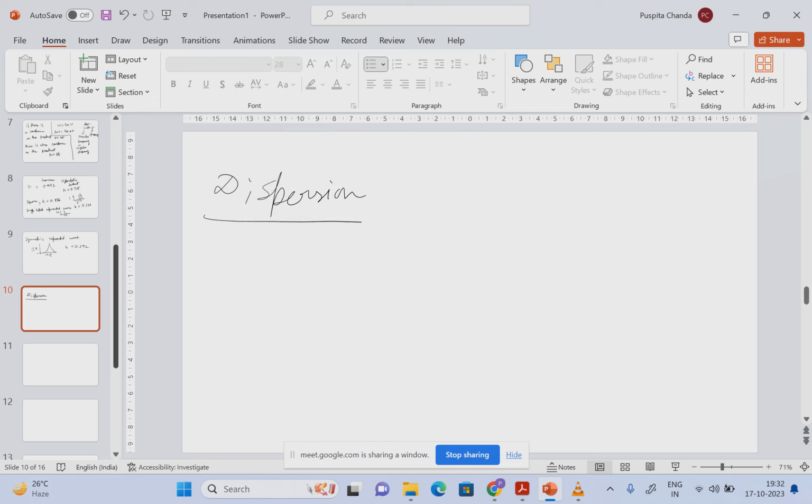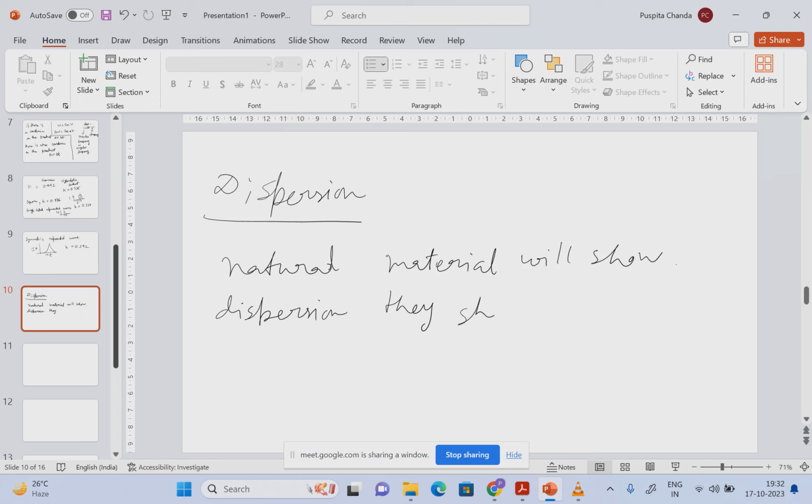So in any natural material, there is dispersion, and generally positive dispersion.